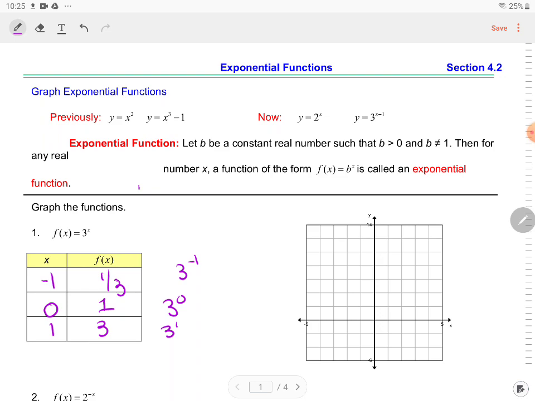And I want you guys to know that all exponential functions have horizontal asymptotes. And I will abbreviate this HA.